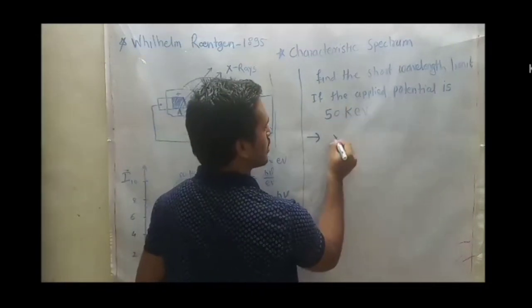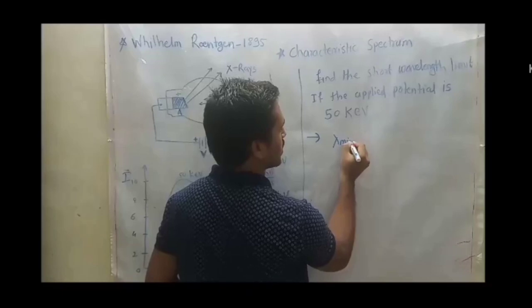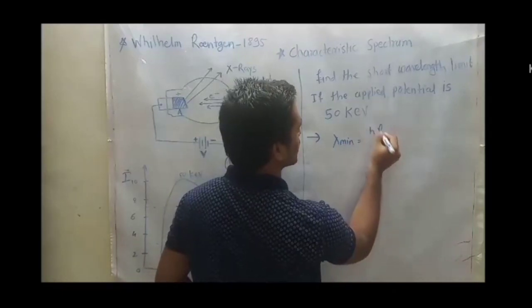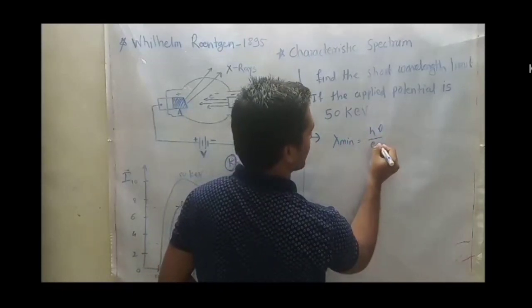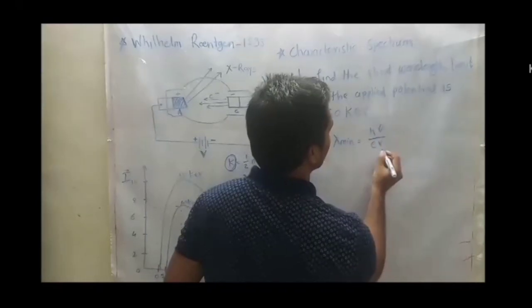For this, we know that lambda minimum equals hc upon eV.